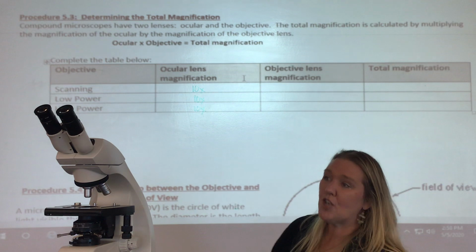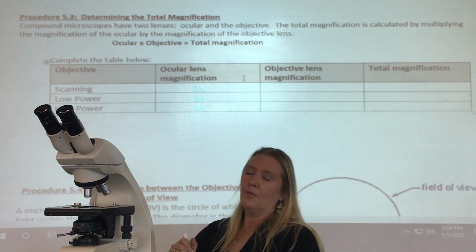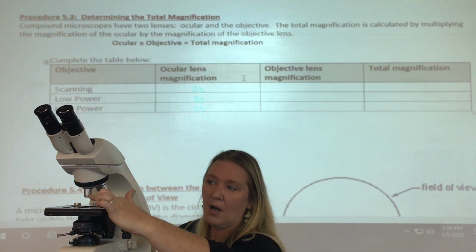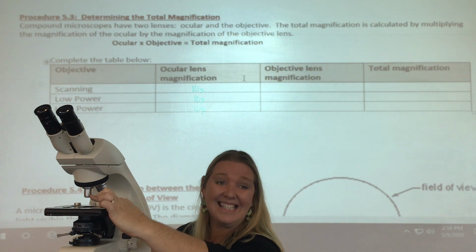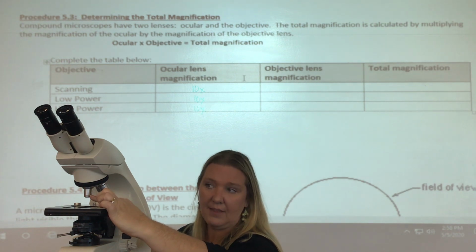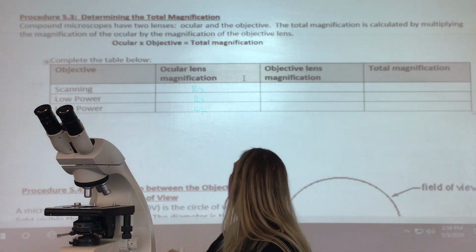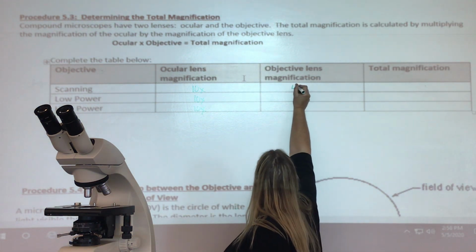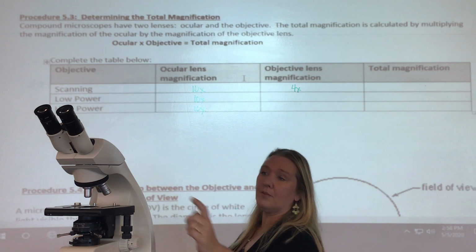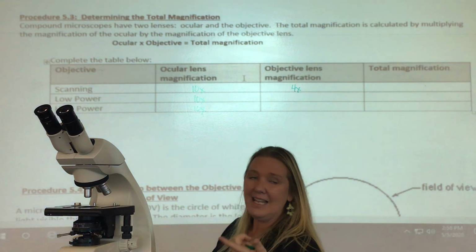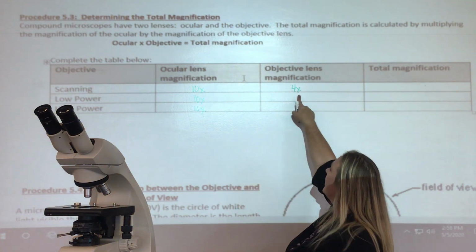If I go to the objective lens, the smallest one, the scanning objective, it has a 4x on it. It says it right on it, okay? It magnifies 4 times.